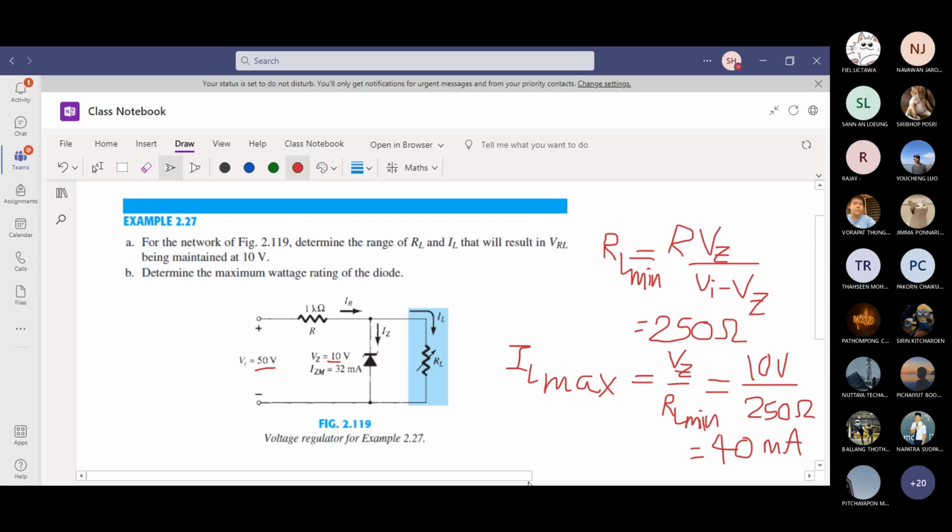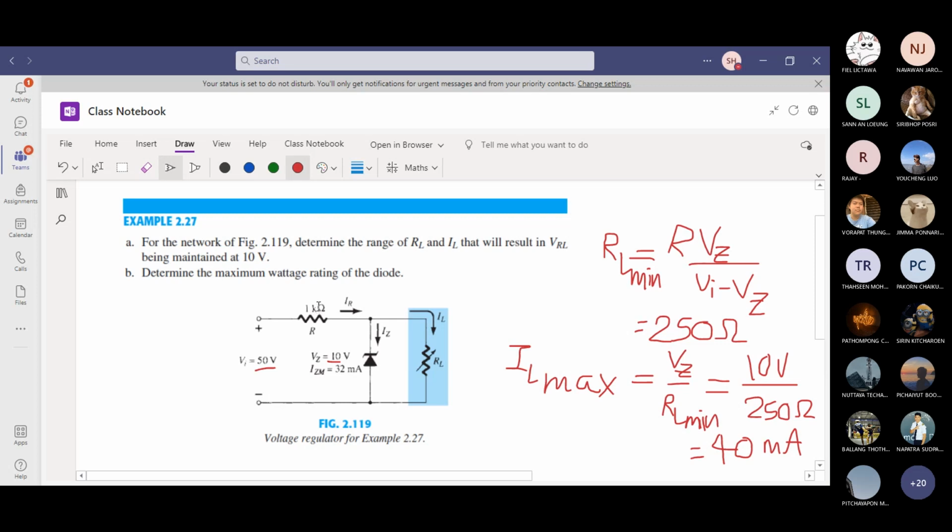Now we have to find the remaining parameters. We need to find RL max and IL minimum. To do that, we have to find other parameters like IR, IZ, etc. So how do we find IR?